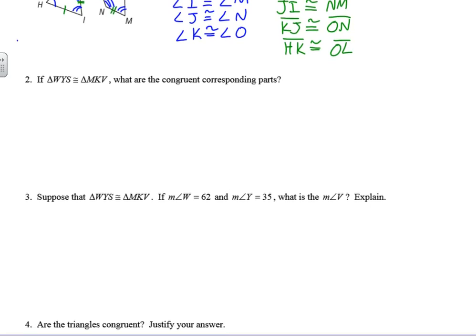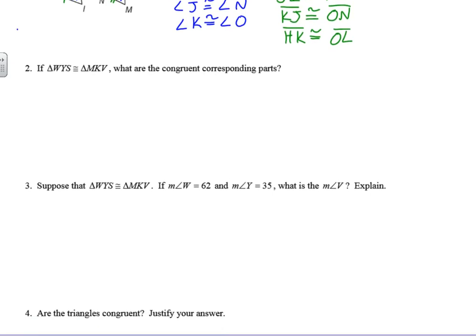Now, in number 2, it says if those triangles are congruent, what are the congruent corresponding parts?